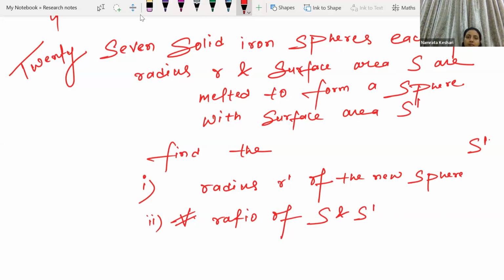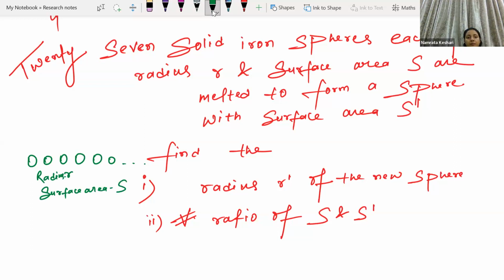Okay everyone, if you have already read the question, let me explain. There are 27 iron spheres of radius r. The radius is r and the surface area is s.